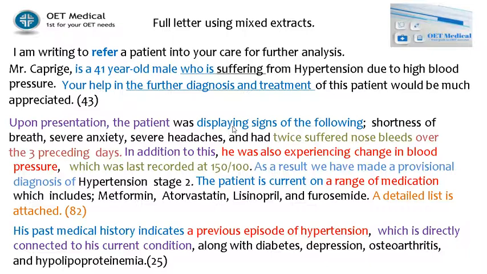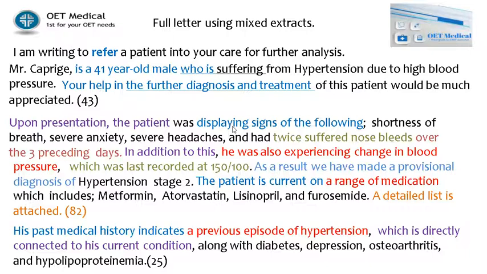There's our intro. Upon presentation, the patient was displaying signs of the following: shortness of breath, severe anxiety, severe headaches, and had twice suffered nosebleeds over the 3 preceding days. In addition to this, he was also experiencing changes in blood pressure, which was last recorded at 150 over 100.